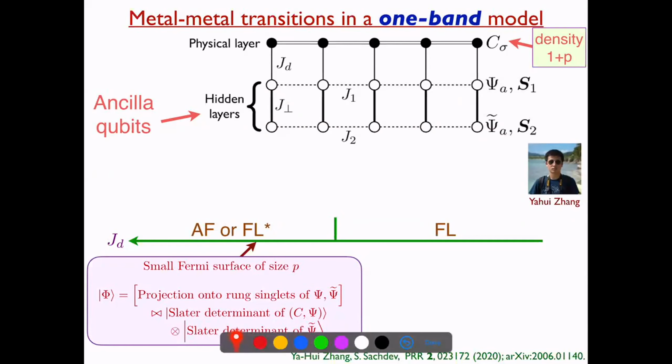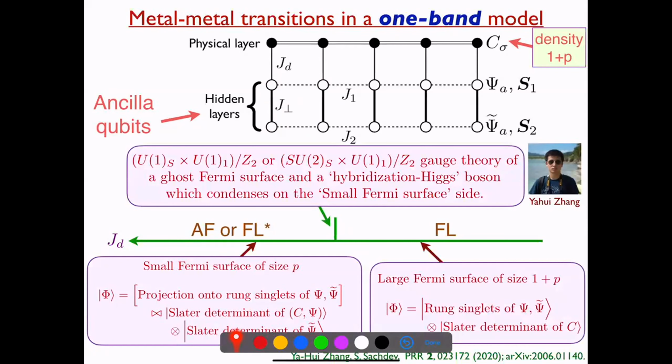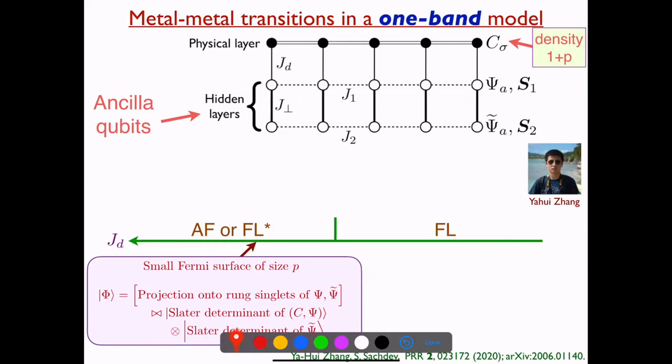What I want is a wave function of the physical layer. So what I do is I take this complicated wave function and I project out everything into singlets. So I just drop all the terms in which the hidden layers don't form a singlet. And you can show that this kind of state now has exactly the type of small Fermi surface that I wanted. And why is that?